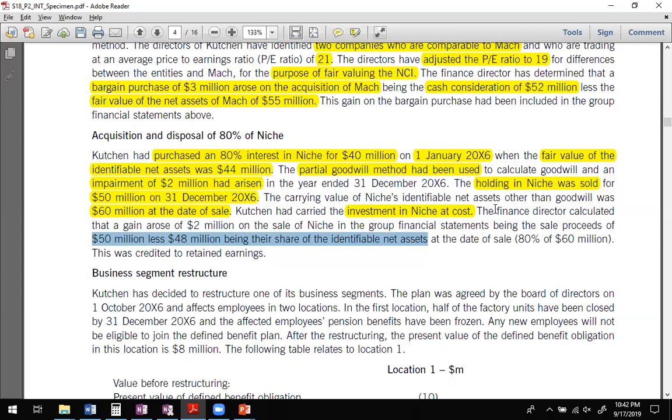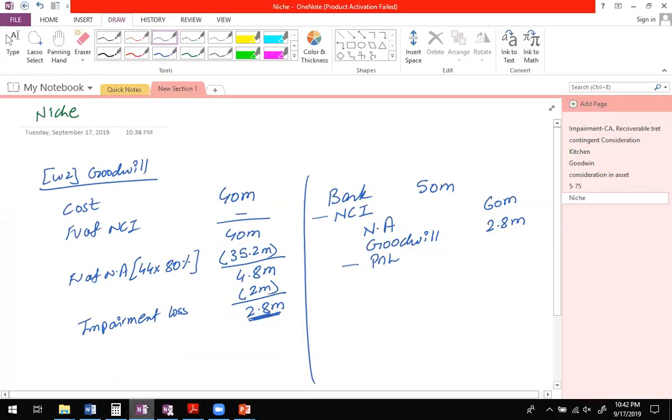But we are not required to talk about the incorrect treatment, because the question was asking how the gain or loss should have been calculated. So there's no need of discussing this in the answer. This was credited to retained earnings. So from here till here, there's nothing to do with this information. But the question has not informed us how to calculate the NCI. So now what to do?